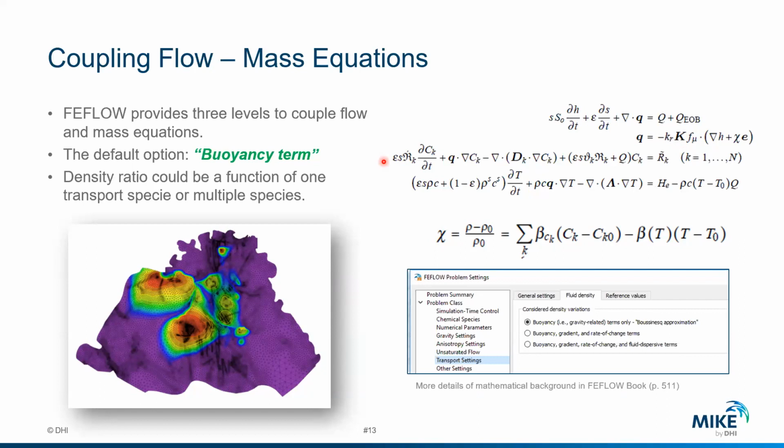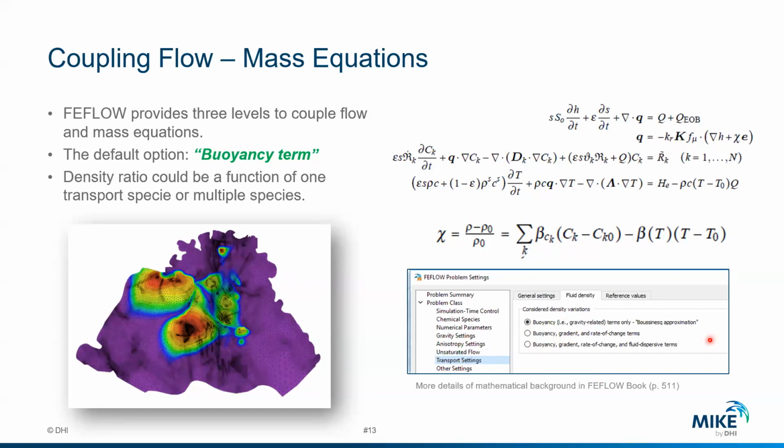Then the coupling could be considered at multiple levels. So we have what is called density variation. The most simple and most common is the so-called Boussinesq approximation, which I'm going to explain later, where you only have gravity-related terms applied to the system.